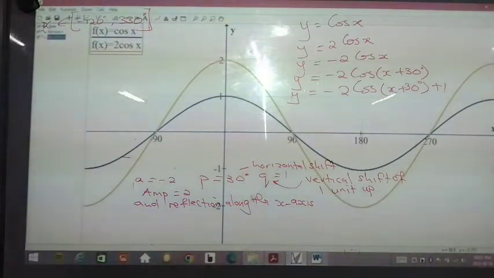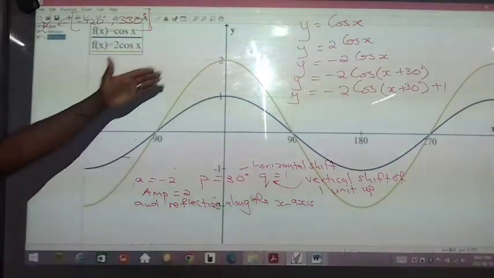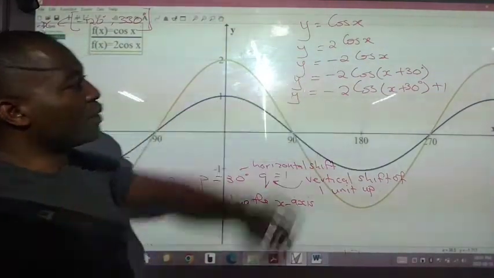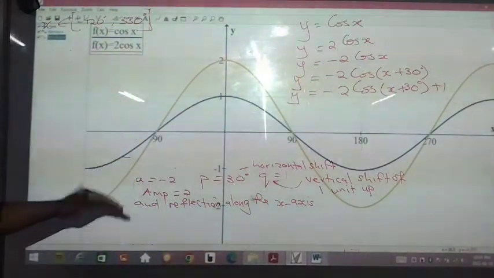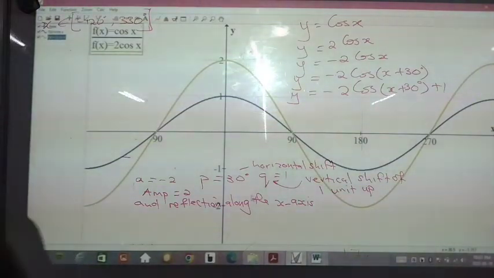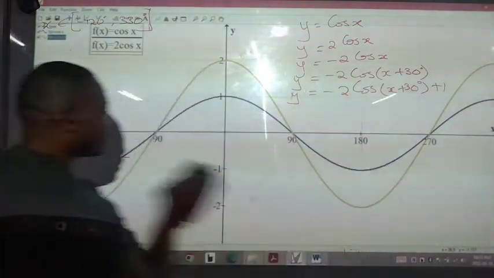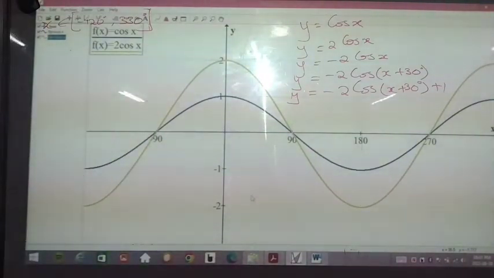Alright, simple to understand. Then now this graph is going to be reflected because of the negative that is on a, so it's going to be reflected across the x-axis, or with the x-axis as the mirror line.